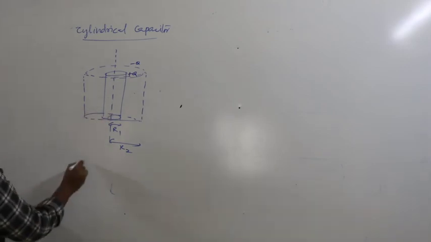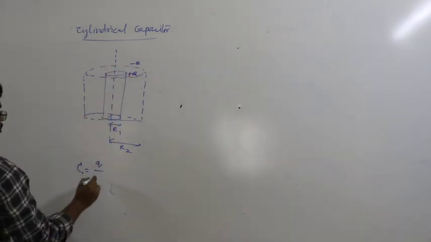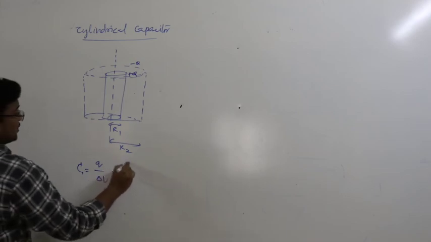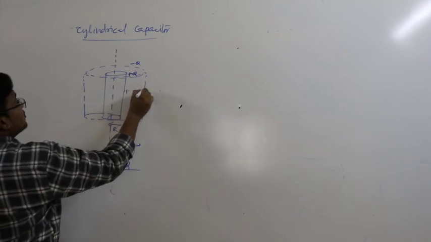Now for this one, how to find the capacitance? Again the formula, C is equal to the charge given, Q, upon delta V, which is nothing but V1 minus V2 if this is the first point and this is the second point.